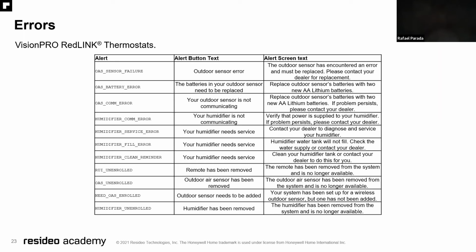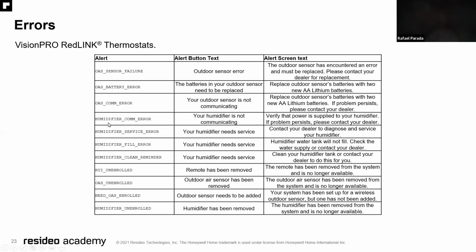So we need to check if the outdoor sensor is still on location. There have been some cases where the outdoor sensor disappears, and they will need to purchase another one. If the sensor is in place, we will need to replace the lithium batteries. And if the problem persists, that means they need to replace the sensor.